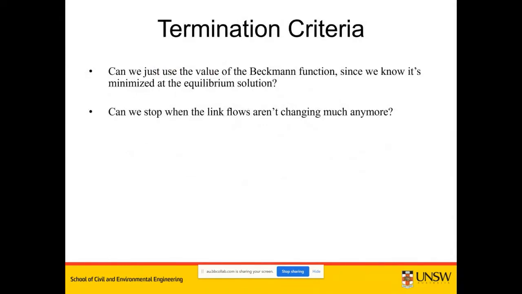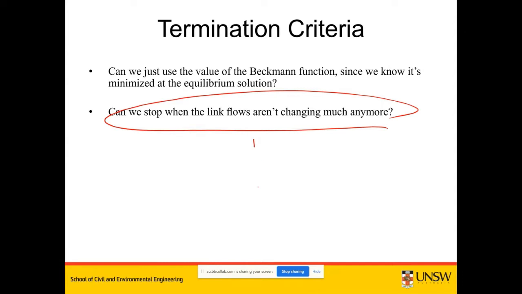So the termination criteria is usually based on, as I said, a relative gap measure that we've worked with, or sometimes by looking at the second one. For example, if this is my link volume and this is the iteration, say iteration 1, 2, 3, and so on.